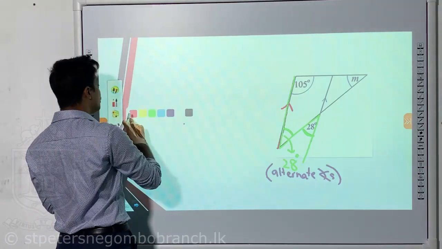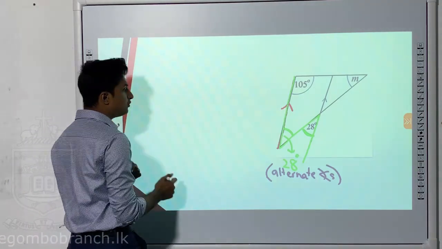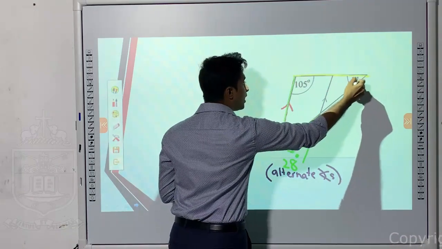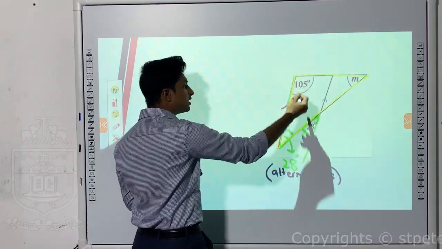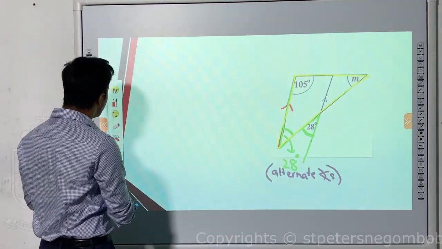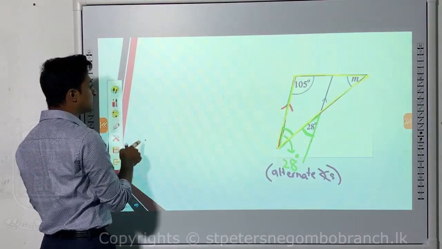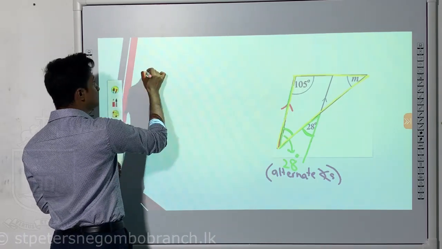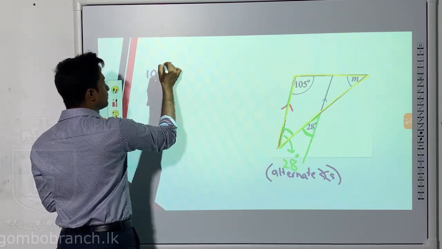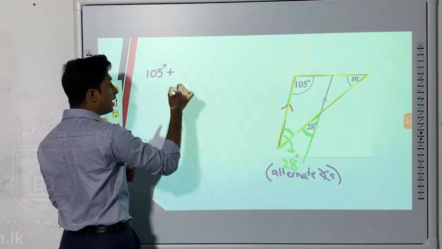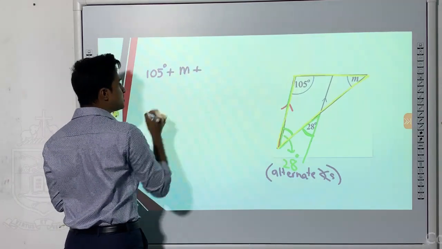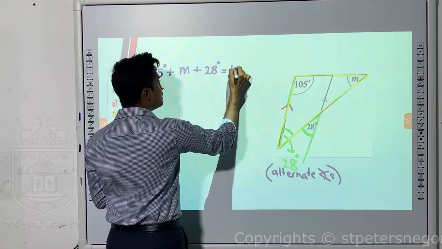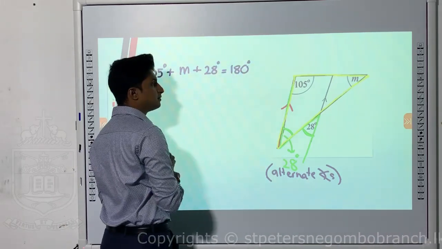Now I can check for the whole triangle. Now if you see, this is 28, this is 105, this is M. Now I can consider this entire triangle. That is easy. Then I'm going to take the values and find the answer. So that is going to be 105 plus M plus 28 is equal to 180.